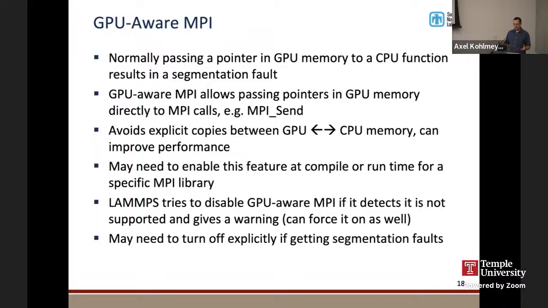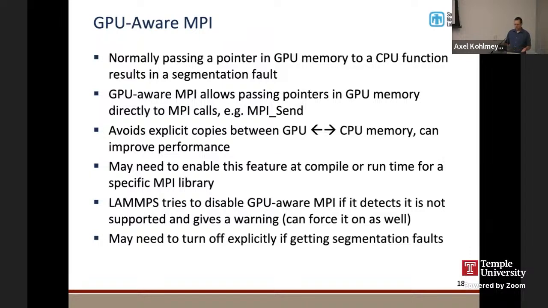LAMMPS tries to disable this feature if it can detect that it's not supported, and it'll give a warning. You can also force it on if your system supports it. But if you're getting segmentation faults, then you need to turn it off explicitly and go check your MPI implementation.